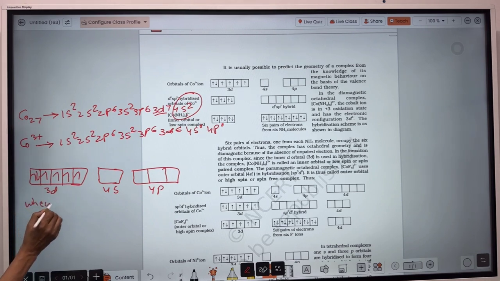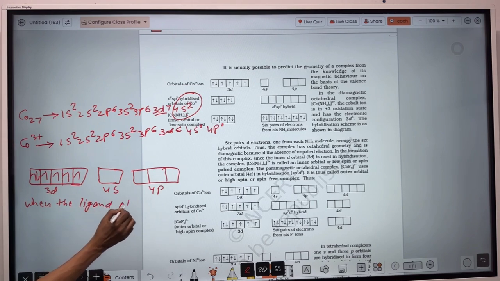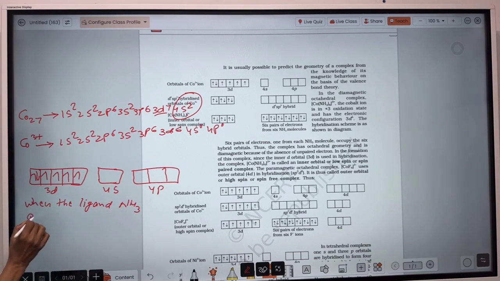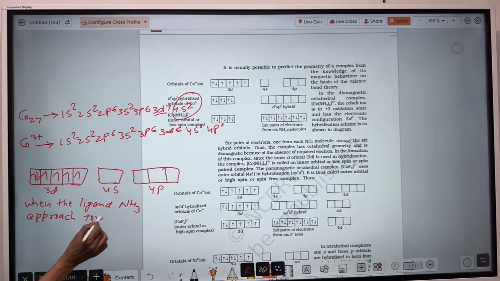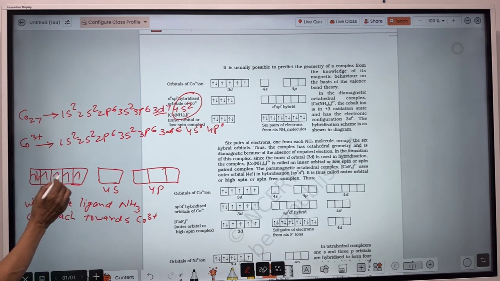When the ligand ammonia will approach towards Co3+, then pairing of electrons will take place, that means these electrons will get paired up. Here are 4 unpaired electrons, so they will pair together.